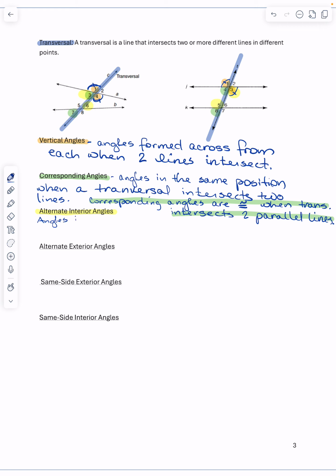These are the angles that are inside the two parallel lines and on opposite sides of the transversal.